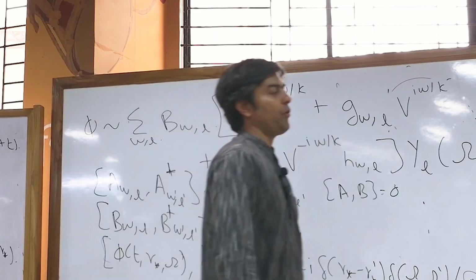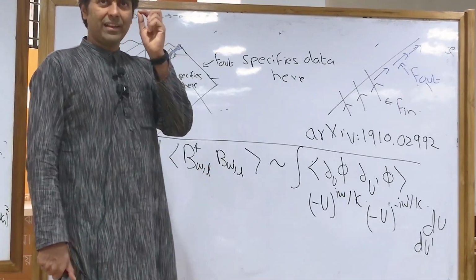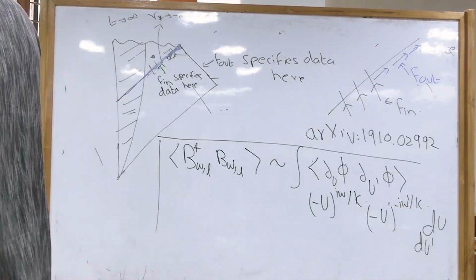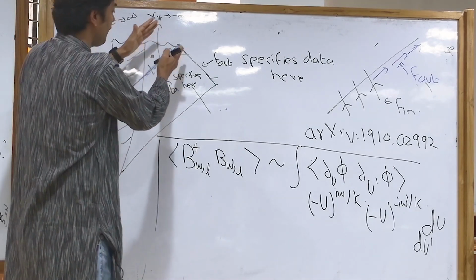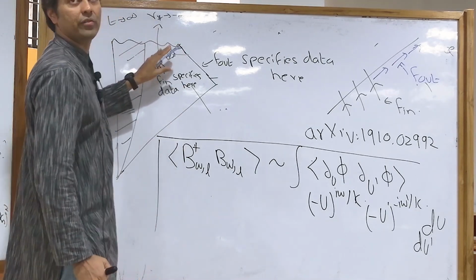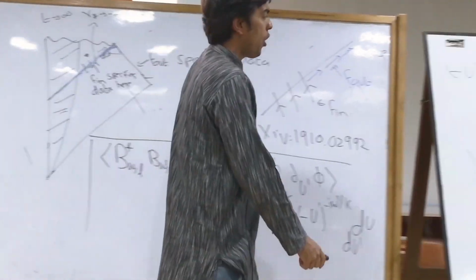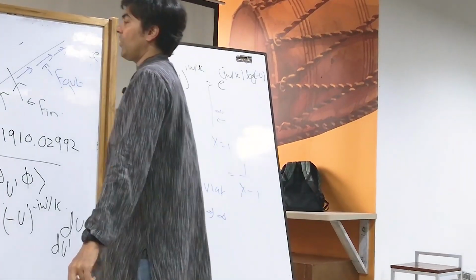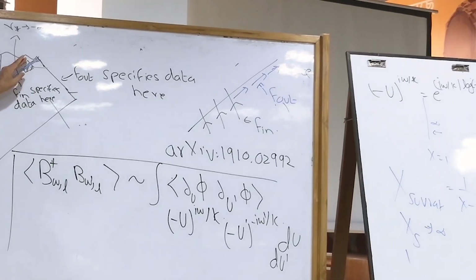Yet, I claim that a formula of this kind is sufficient to give me the 2-point function of these modes. And the reason is that this region near the horizon has a very large number of oscillations, because near the horizon, log of minus u goes over an infinite range in an infinitesimal range of u.